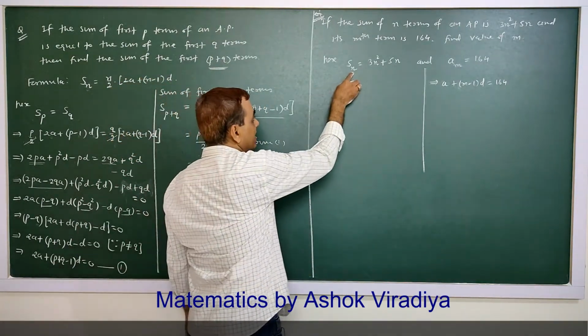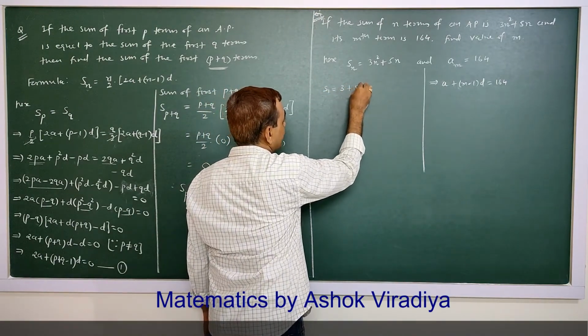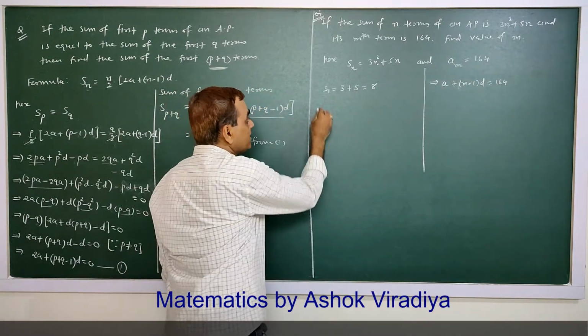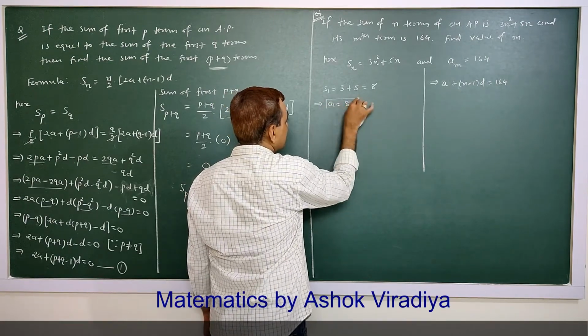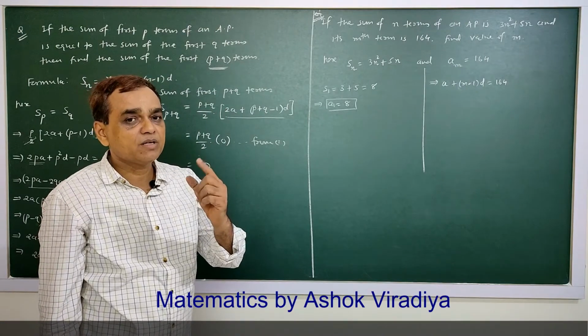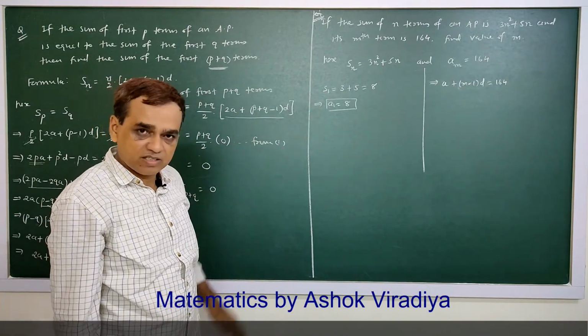Putting here n equal to 1, S1 is 3 plus 5, that is 8. So S1 is A1, A1 is 8. The sum of the first one term is the first term itself. So S1 is A1.